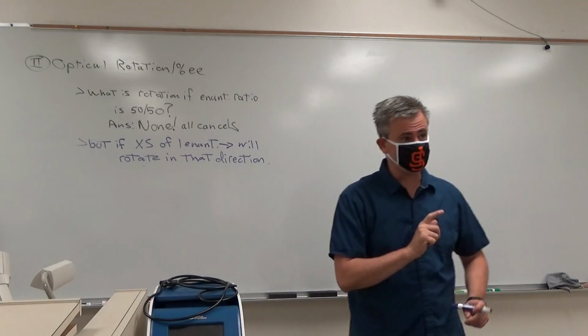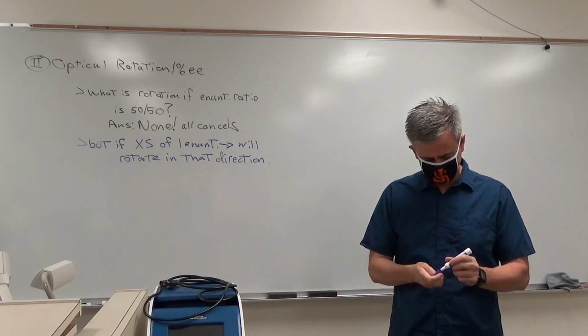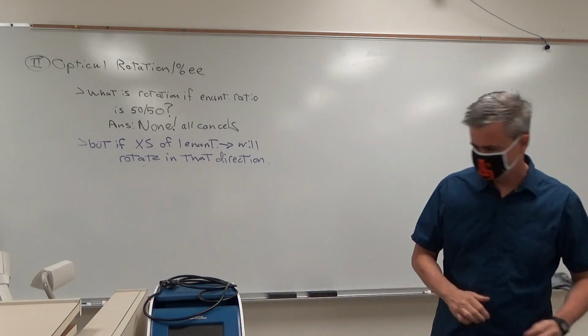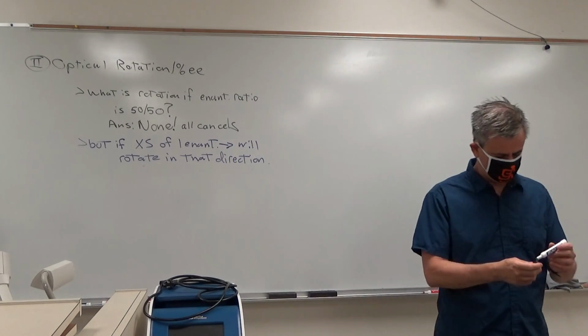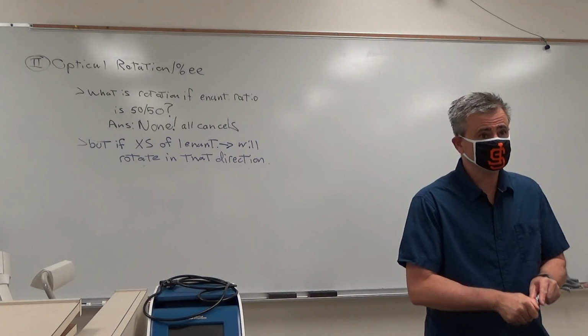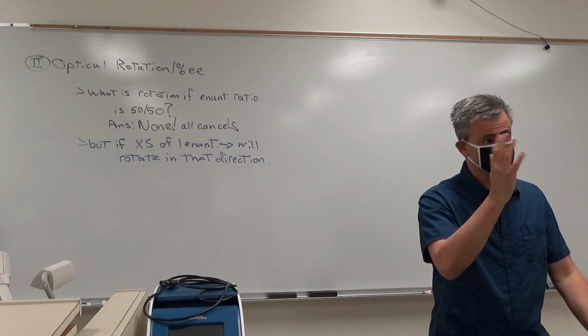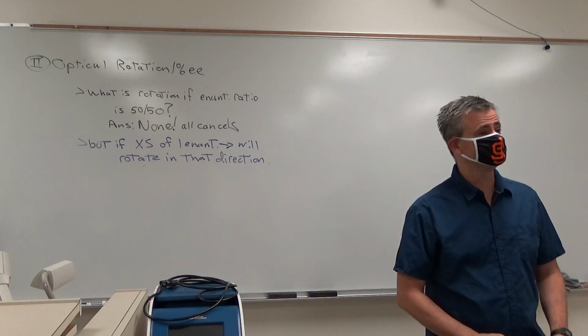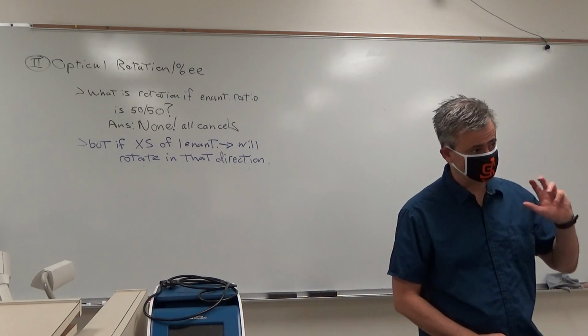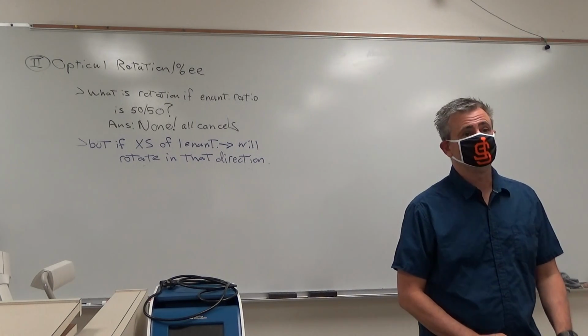But let's take a step back for a second. Let's just pretend you got a pure enantiomer, and it's going to rotate to a certain degree. And these things you always make in solution. Today you're going to put your mix in methanol.